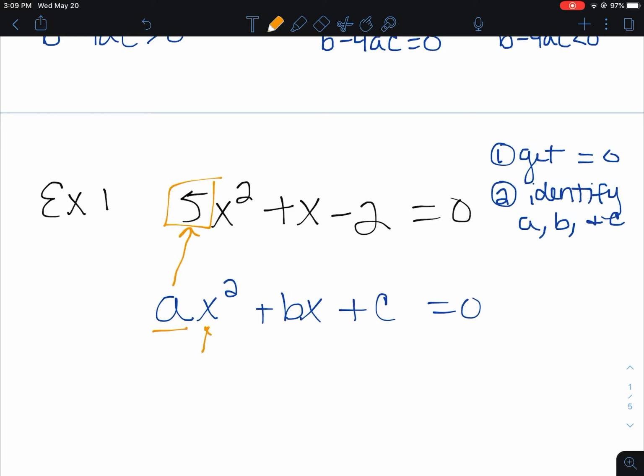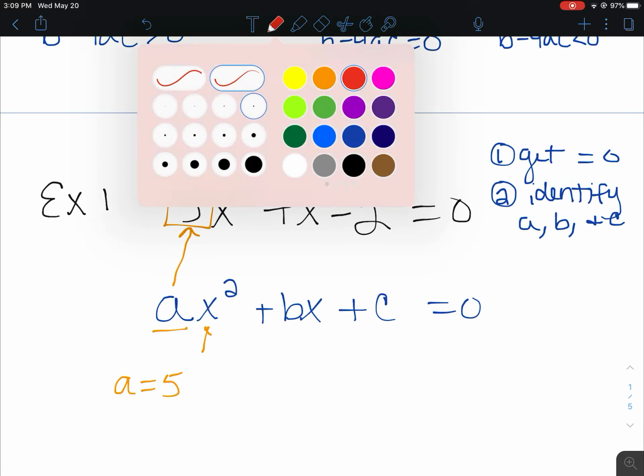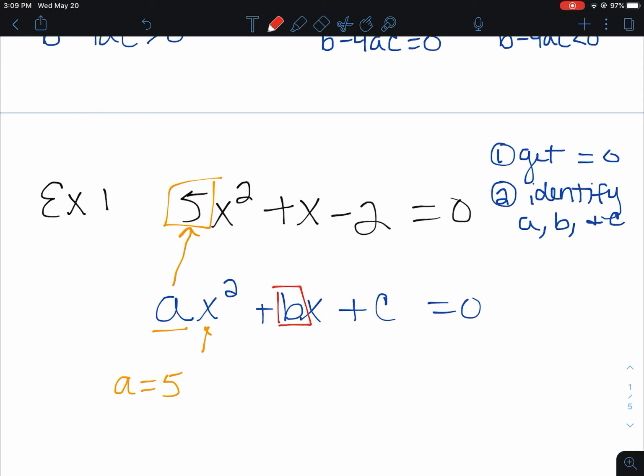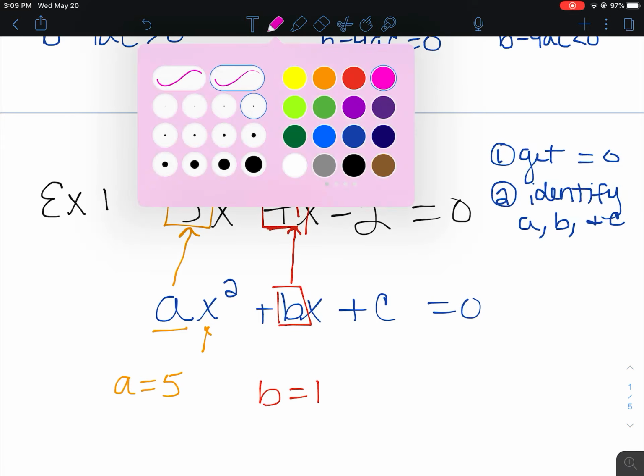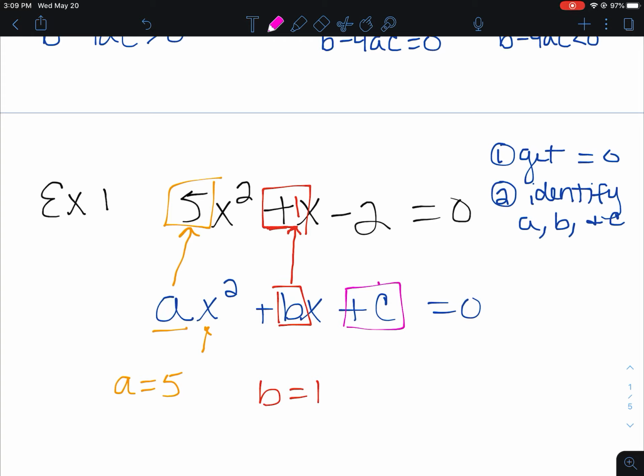So in our case here, a is going to be 5. b is going to be the number in front of the singular x. If we don't see anything there, we assume it to be a 1, right? And you always take the sign that's in front of it. So b is equal to positive 1. And then c is the constant value. And again, take the sign that's in front. So c is equal to negative 2.